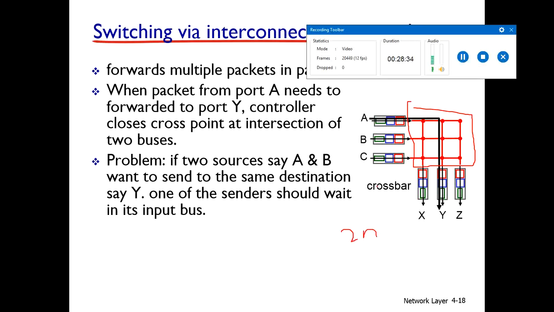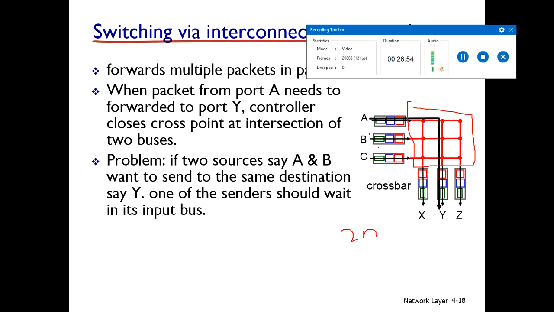2 times N. What does 2 times N mean? If there are N input ports and N output ports, the number of input ports should always be equal to the number of output ports. Then the number of crossbars, or we call it the number of buses, should be 2N.